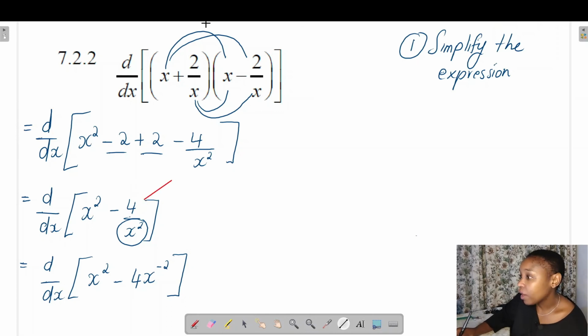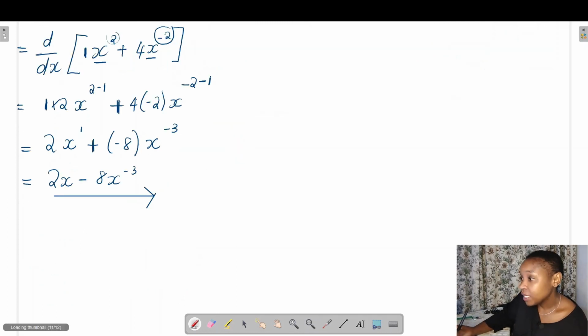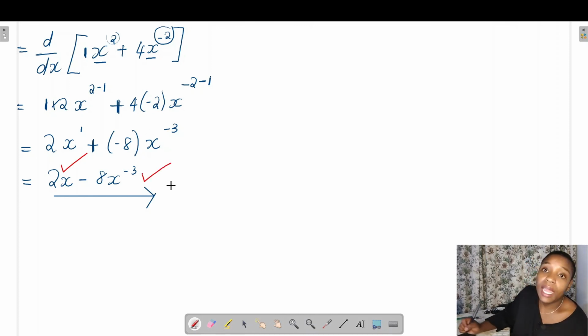Another mark for changing the minus 4 over x squared to minus 4x to the power of -2. Another mark for differentiating the 2x using the rules of differentiation, and another mark for also differentiating the other term using the rules of differentiation.